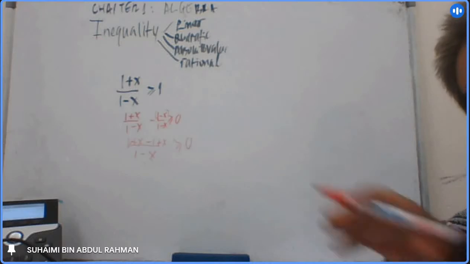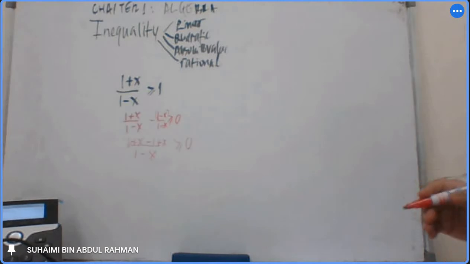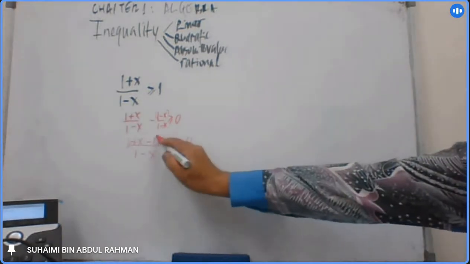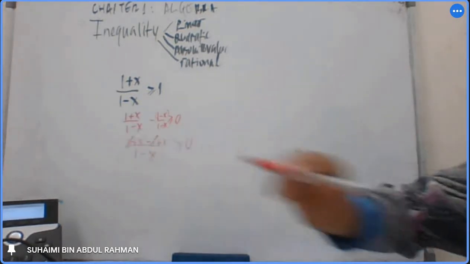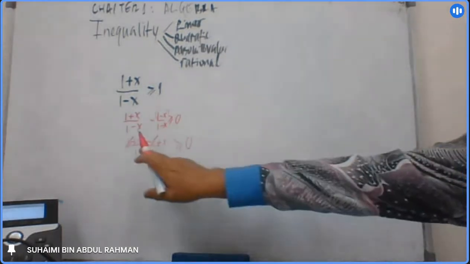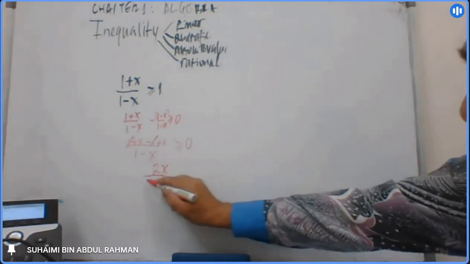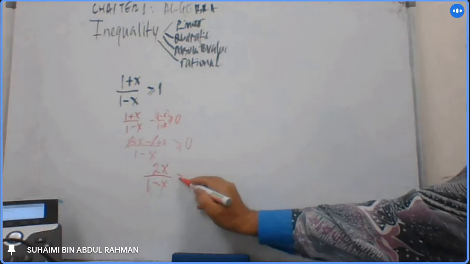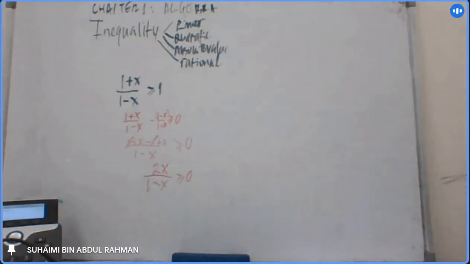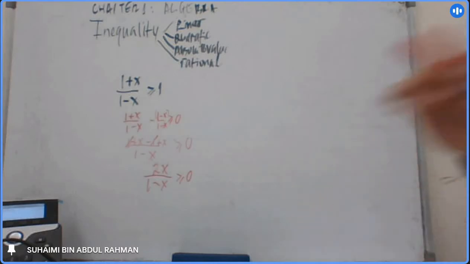Can you see? Yes. 1 minus 1, finished. x plus x is 2x over 1 minus x greater than or equal to 0. It becomes like that, a rational inequality.